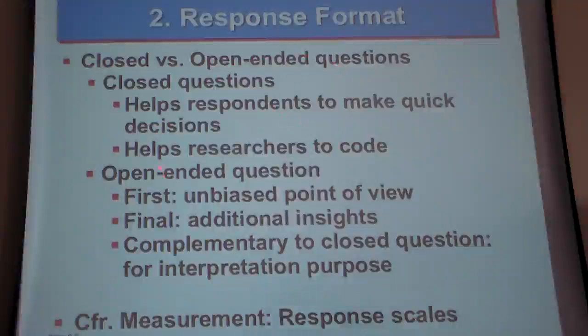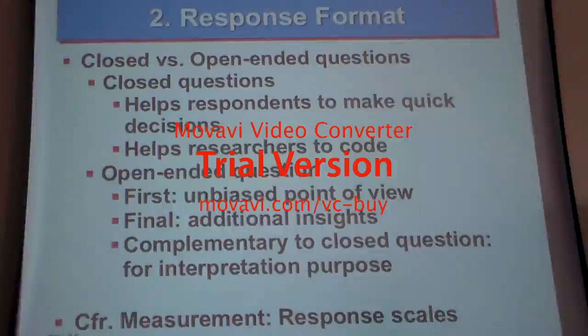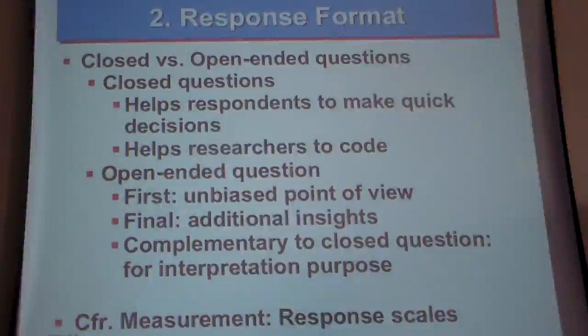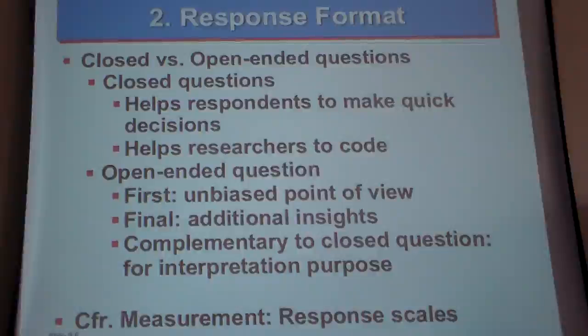This kind of question helps researchers to code, because after that, in order to do the analysis, we need to do the coding. To code is to transfer it from some kind of form to a different kind that the program of analysis can understand.